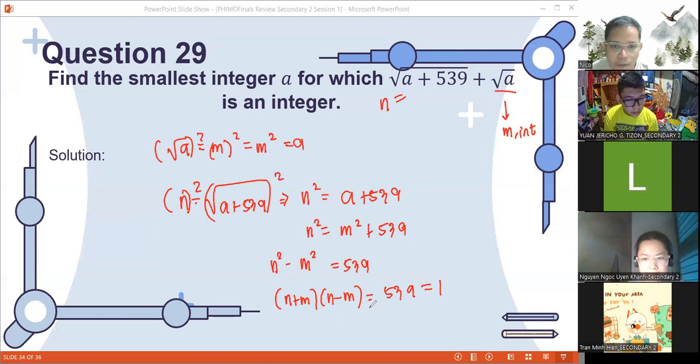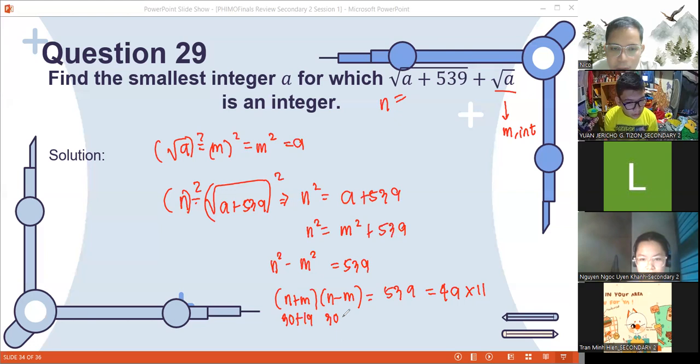Okay, let's continue solving. This one is the smallest integer a, right? So n plus m is 49 and n minus m is 11.